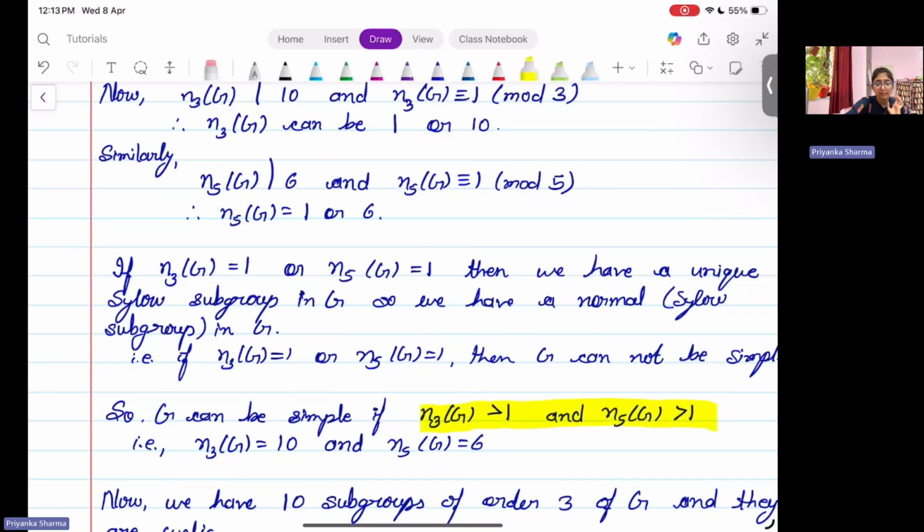That is, N3G and N5G cannot both be greater than 1.